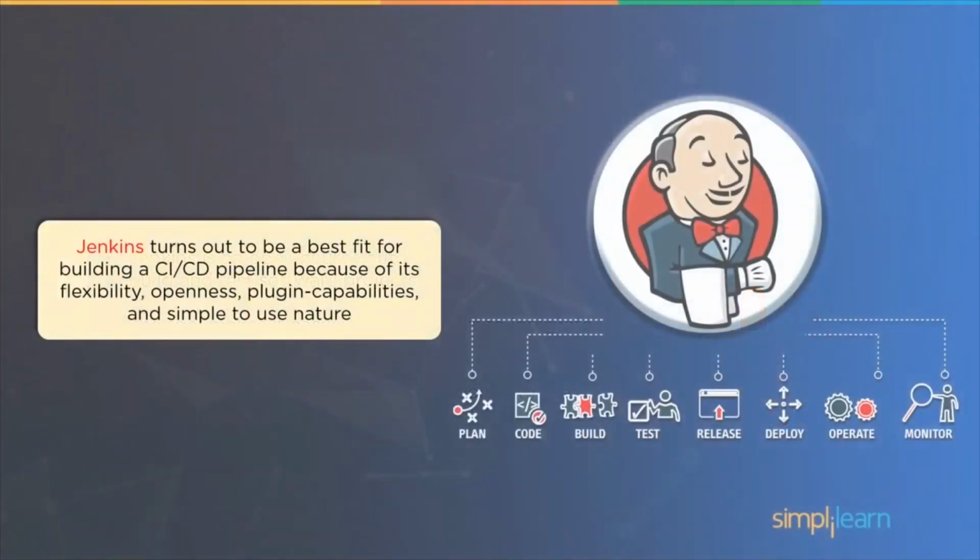So Jenkins is one of the best fits for building a CI/CD pipeline, because of its flexibility, open source nature, support for plugins, and it's quite easy to use, with a very simple, straightforward GUI which can definitely help us.